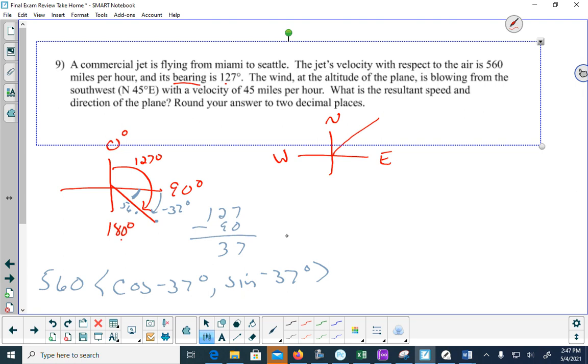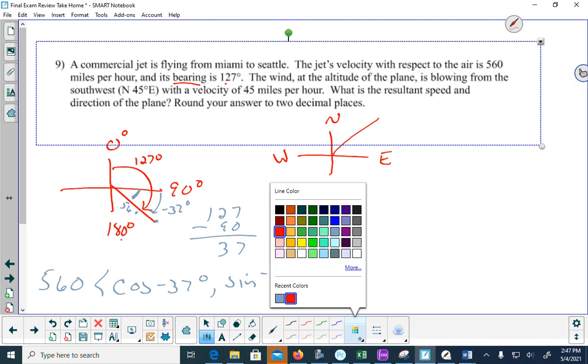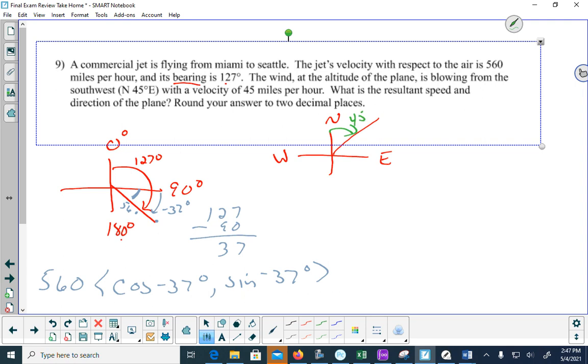Well, this one's kind of a freebie because 45 is this angle that they mean here. But if I take 90 and subtract 45, I'm still going to end up with 45. So the angle I'm going to use is 45 degrees. But just to be clear, I'm really using this angle, not this angle. I know they're the same, but that's the way it goes.